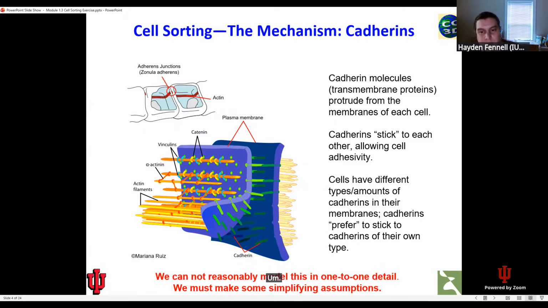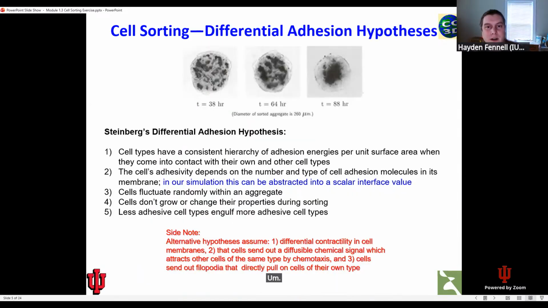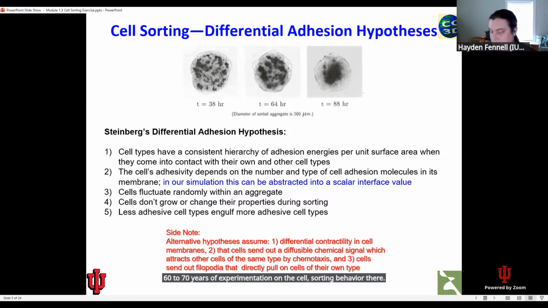Doing this at the molecular level would be very computationally expensive. So we have to make some assumptions about what kinds of things we can simplify to get the behaviors that we're looking for. Throughout the last 60 to 70 years of experimentation on cell sorting behavior, there's a number of different hypotheses that have been put forth.